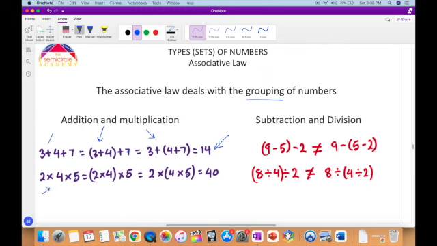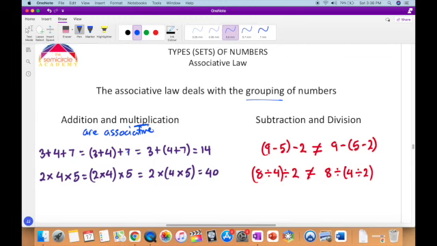Same thing with multiplication. If we multiply the 2 and the 4 first, and then the 5, it'll be the same as if we multiply the 4 and the 5 first, and then the 2. So we could say that addition and multiplication are associative.